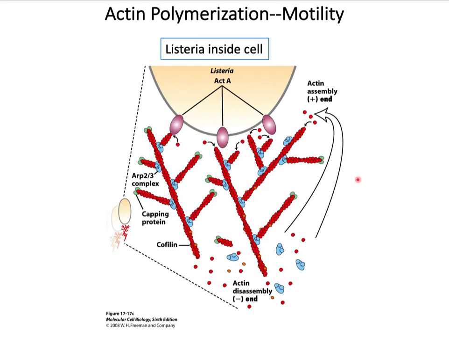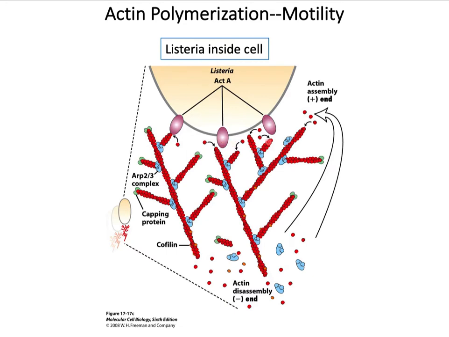As it turns out, Listeria have on their cell surface another protein known as ActA. This is shown as the pink circle here, and ActA is a very potent activator of the ARP2/3 complex.